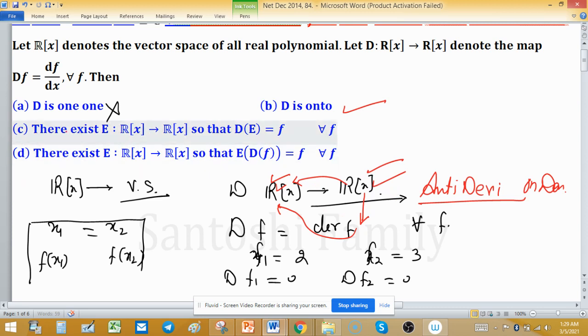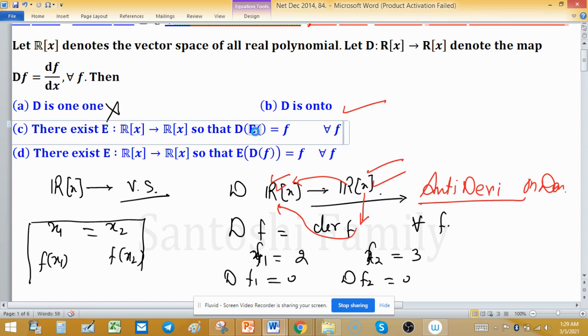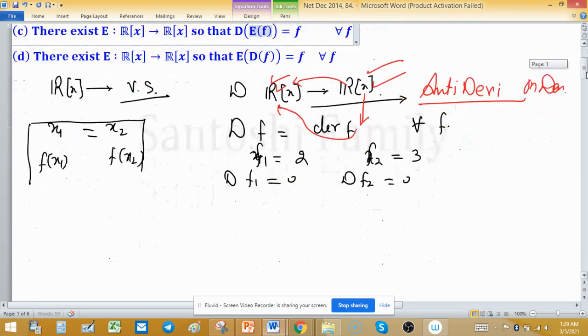Now option C: there exists E from R[x] to R[x] so that D(E(f)) is f for all f.